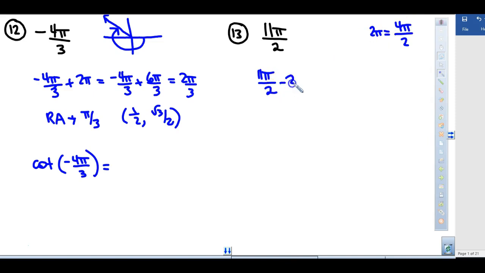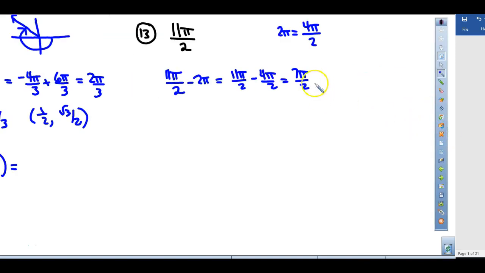So if you subtract 2 pi from that, then that's 11 pi over 2 minus 4 pi over 2. Well, that gets you to 7 pi over 2. Just keep subtracting 2 pi, which is 4 pi over 2, until you get a coterminal angle that's on your unit circle.